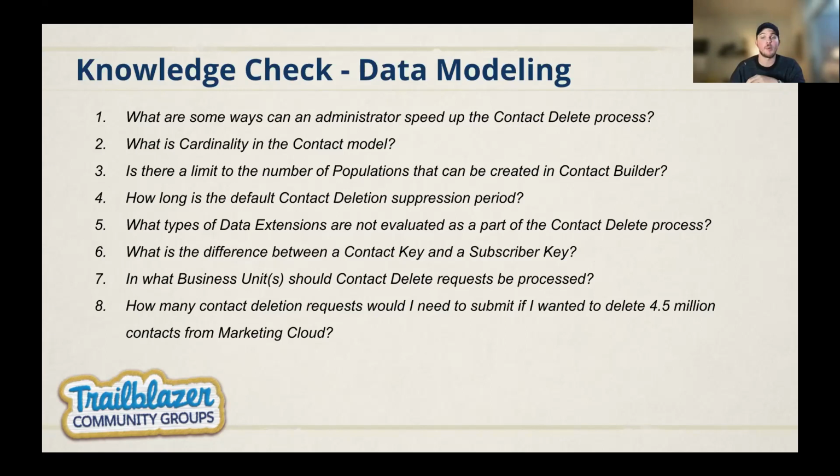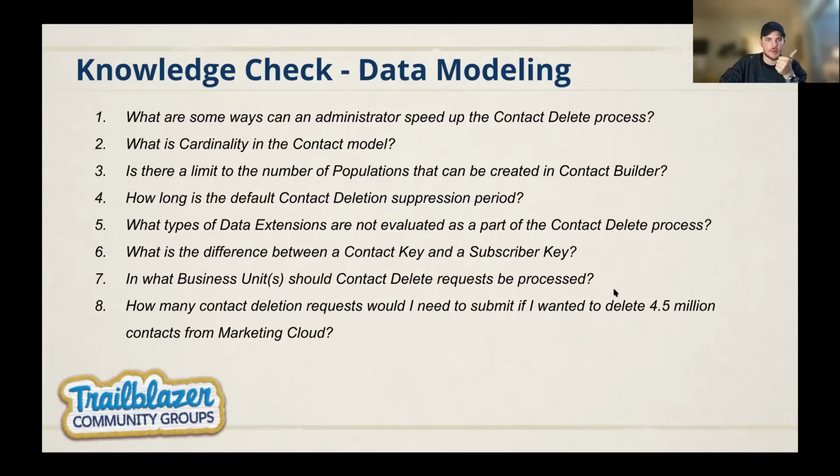Same thing for MobileConnect or SMS. We have the equivalent of a subscriber key, and that's your phone number, right? So the concept of a subscriber key is largely channel based, whereas contact key is contact or individual based.